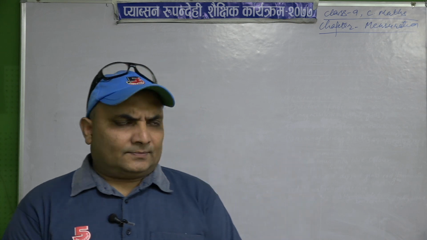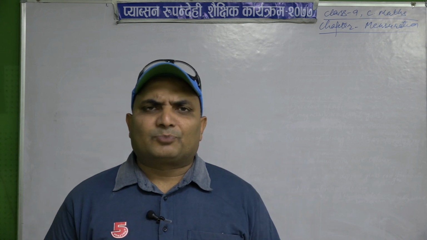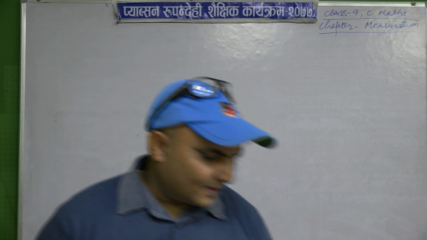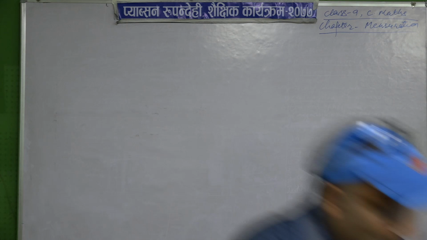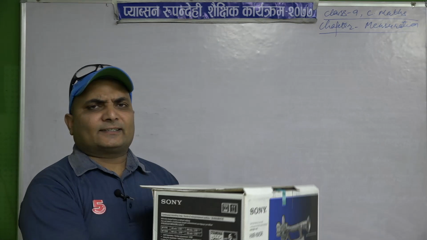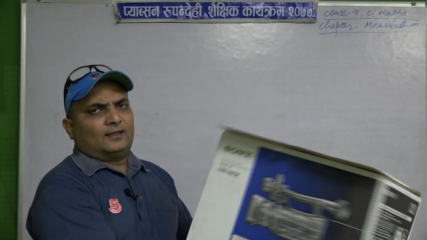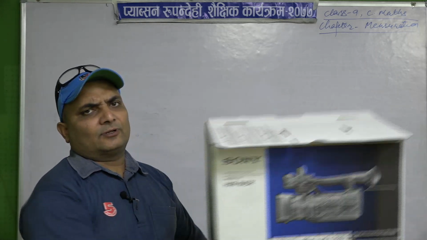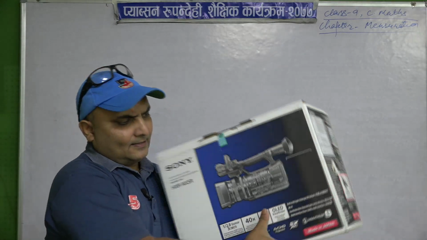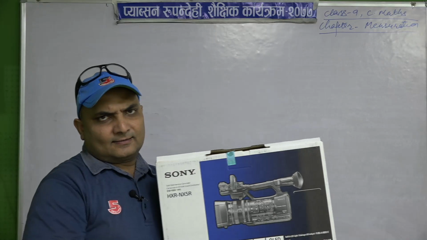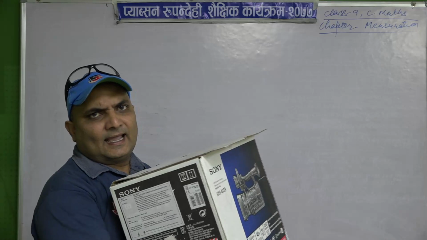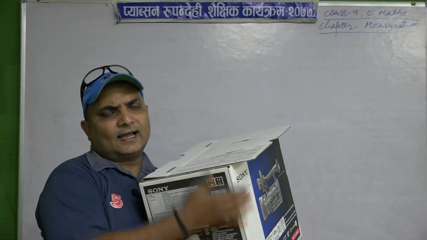We have already discussed rectangular prism, that is cuboid. Again we are going to study the same thing but in a different way. See, this is a rectangular prism, and in this rectangular prism, this line is the length, this line is the breadth and this line is the height.